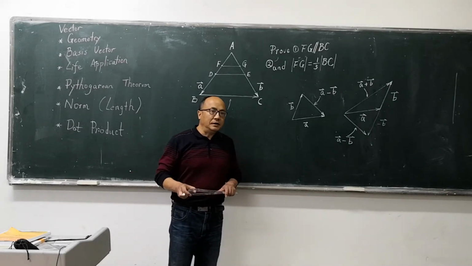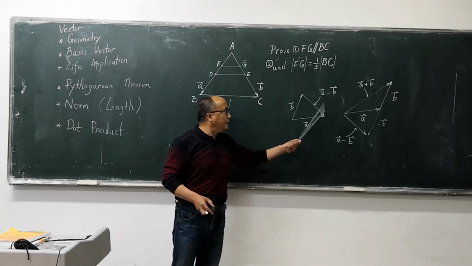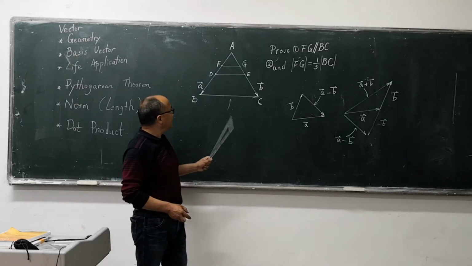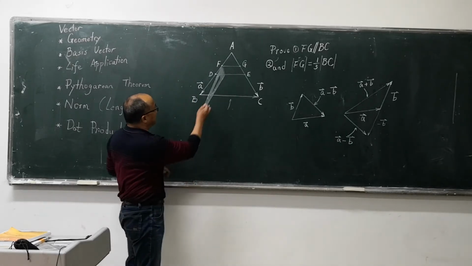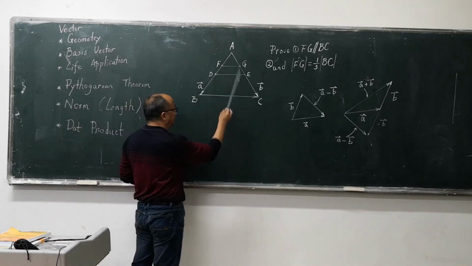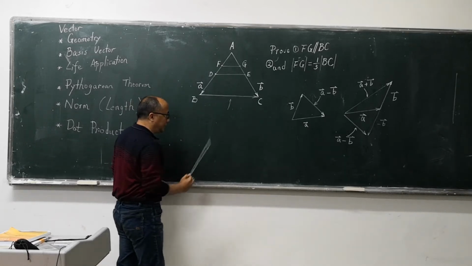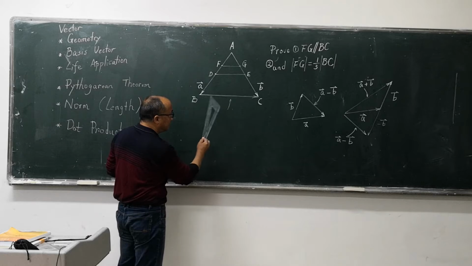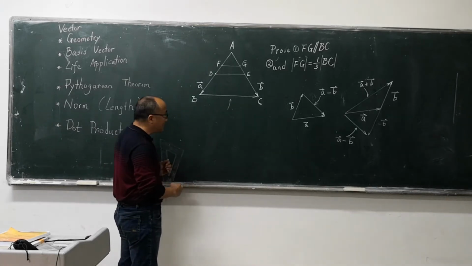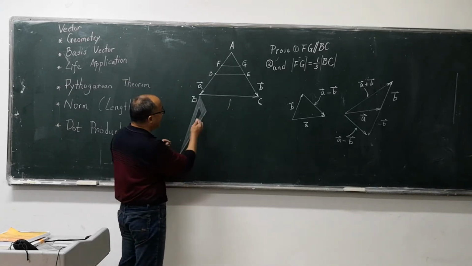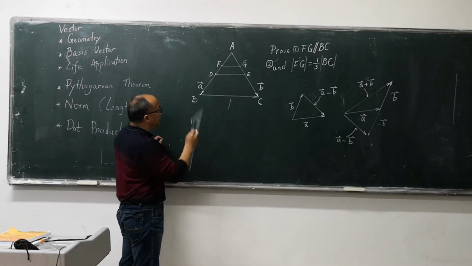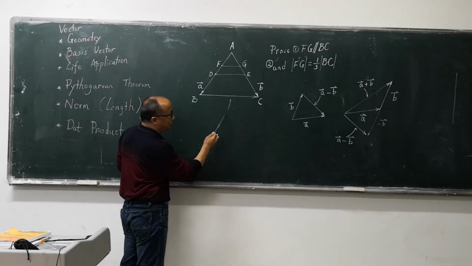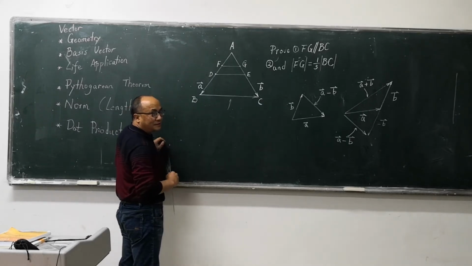Are you following me? We need this to do this. Now, if this is a vector A, this is a vector B, what is this vector? Using A and B, you tell me.